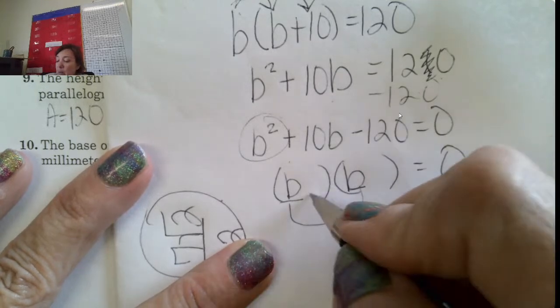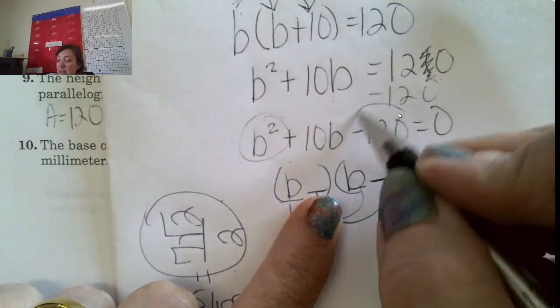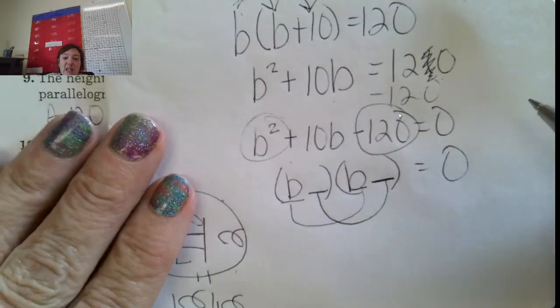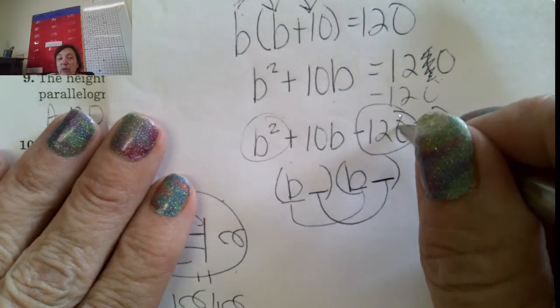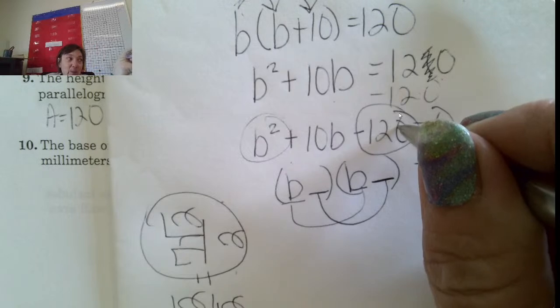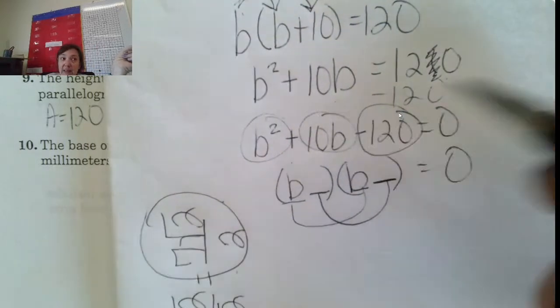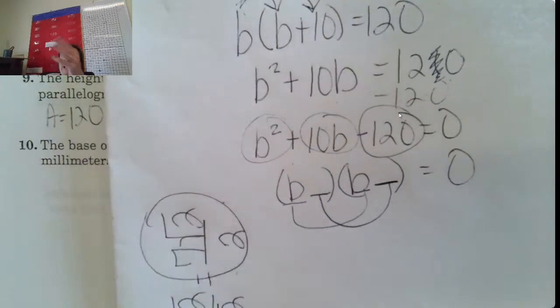And then whatever I have here and whatever I have here multiplies to get me negative 120. So I need to think of things that would multiply to get negative 120, but there's a caveat. They've got to add up to 10. So I've got to think of things that multiply to get 120, but might add or subtract, is what I always say. Add or subtract to get 10.